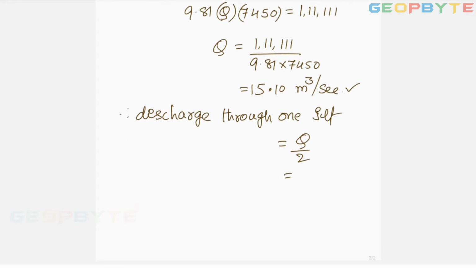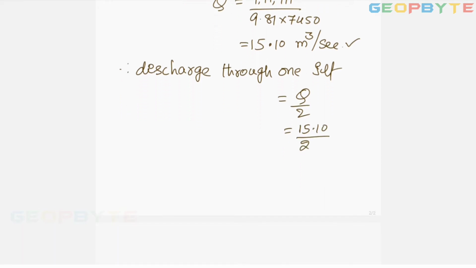It is equal to 15.10 divided by 2. It is equal to 7.55 meter cube per second.